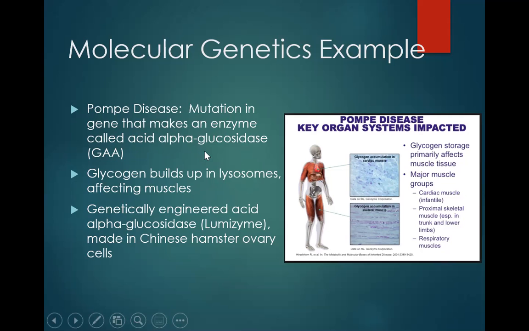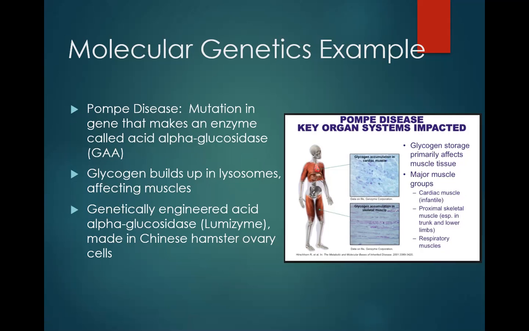Using that information, what the molecular geneticists did is they basically took the normal gene for this enzyme, put it in Chinese hamster ovary cells, and because the genetic code is the same between those Chinese hamster ovary cells and human cells, those hamster ovary cells made that particular protein, and that protein could be isolated and purified from those cells. It then could be injected, infused into people with Pompe disease, and that's actually a cure for Pompe disease.